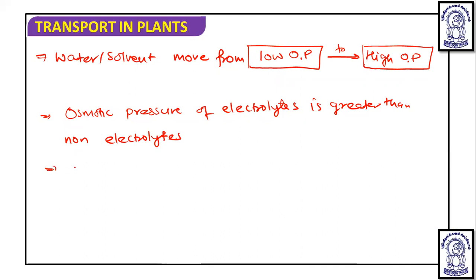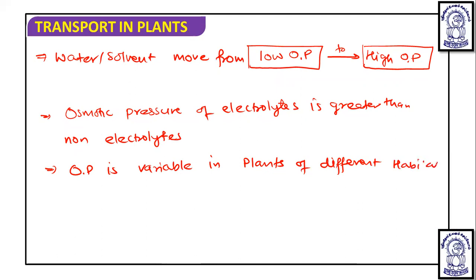And it is also known that osmotic pressure is variable in plants of different habitats.